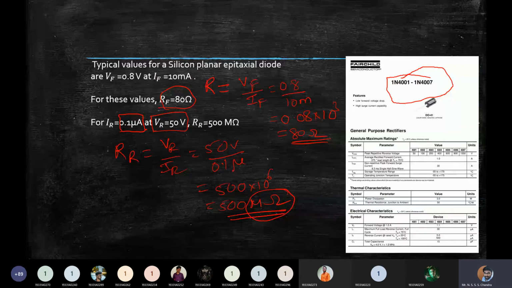So ideally, we can consider that the current in reverse bias is equal to 0. However, in reality, there will be a small current flowing in the range of microamperes or nanoamperes. That is due to the presence of your minority charge carriers or attributed to your leakage current.